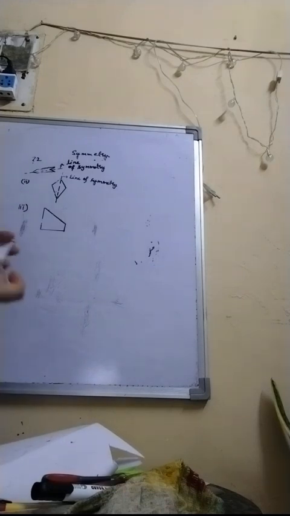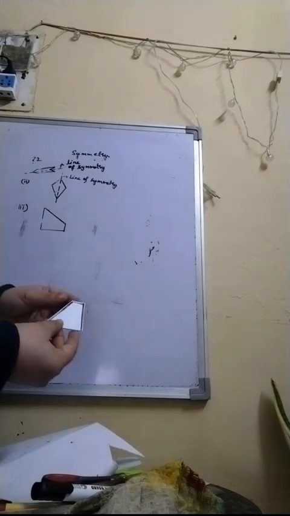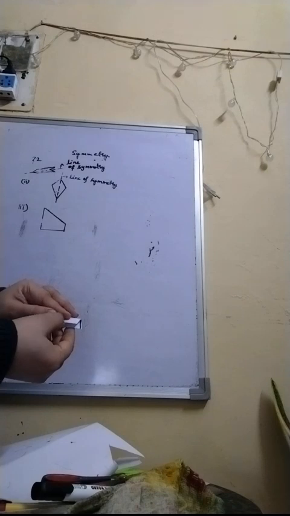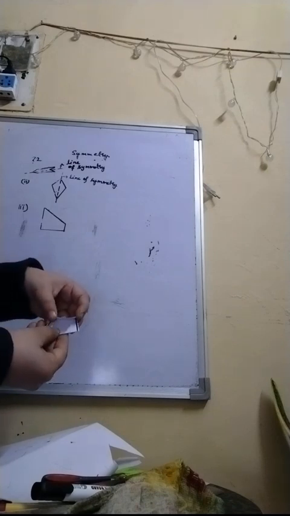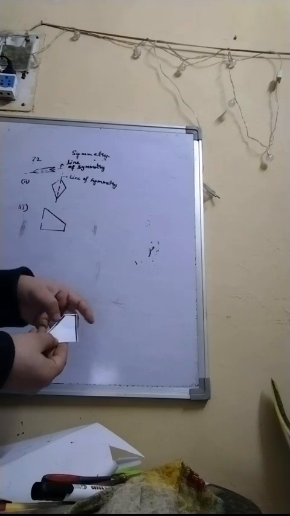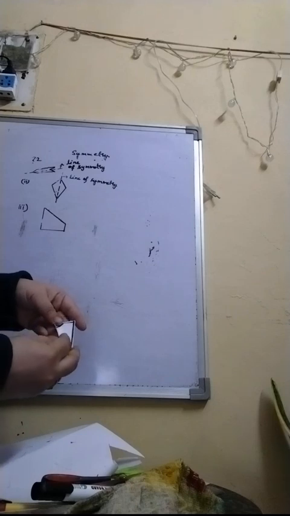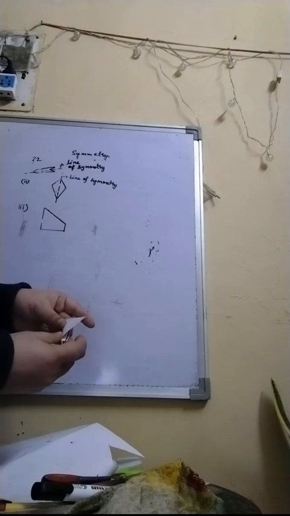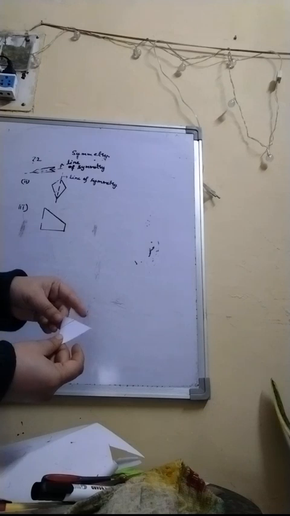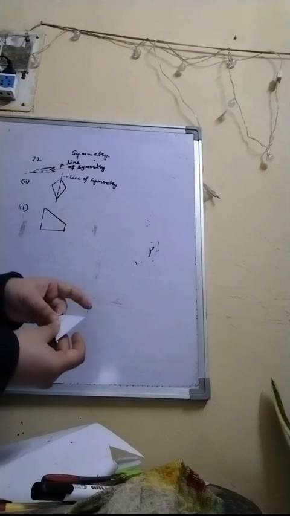Now you can fold the figure in any ways. So suppose I fold the upper portion with the lower portion. Again, this is not overlapping completely, so I don't get any line of symmetry. If I fold this along the corners, see here, two corners I have taken.